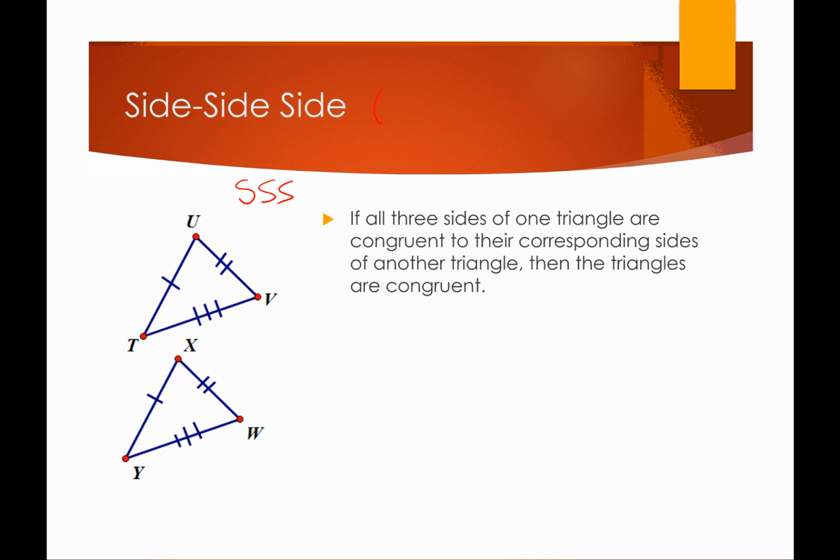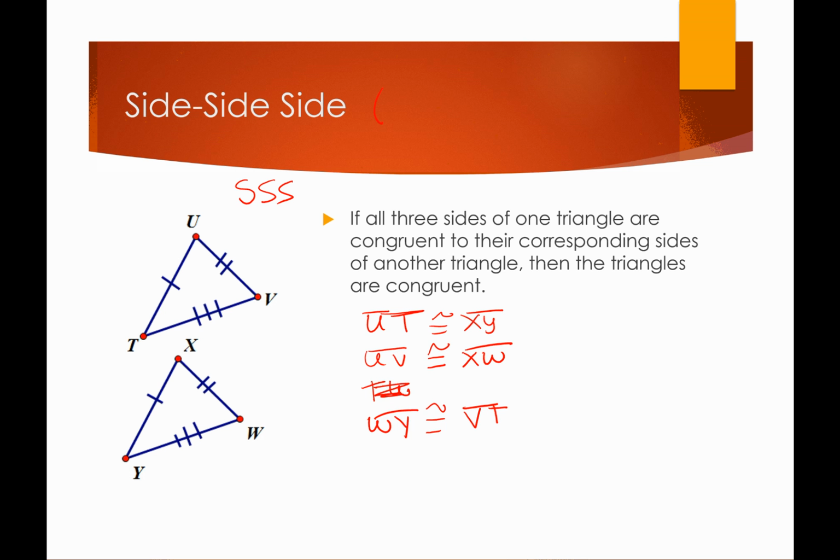So if you look at the two triangles we have, we see that UT is congruent to XY. We see that UV is congruent to XW, and YW, or WY, is congruent to VT.